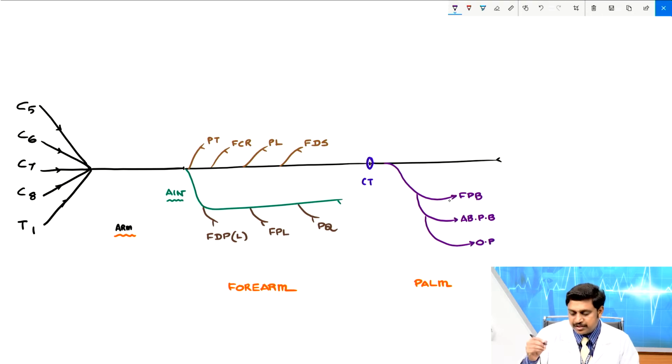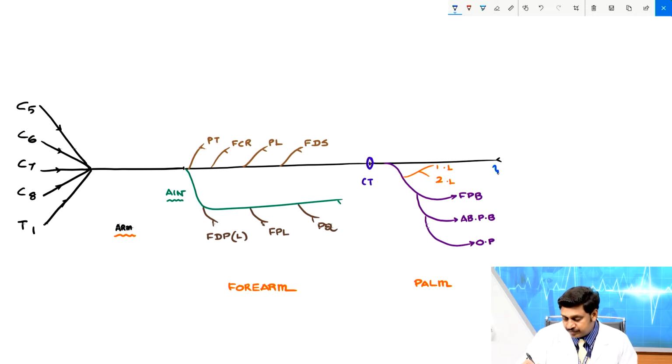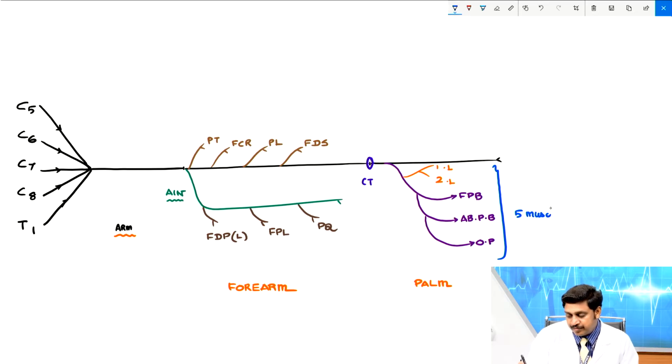Also, it is going to supply the first and second lumbricals. So, totally, the median nerve will supply 5 muscles. I repeat again, those are first lumbrical, second lumbrical, flexor pollicis brevis, abductor pollicis brevis and opponens pollicis.